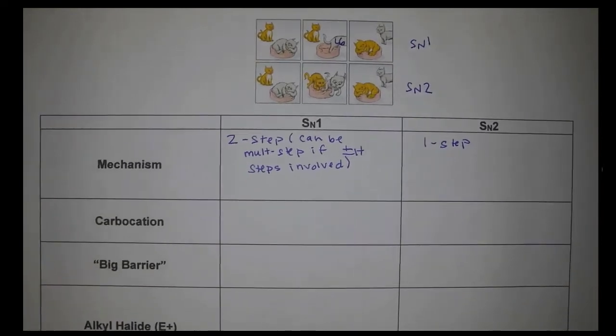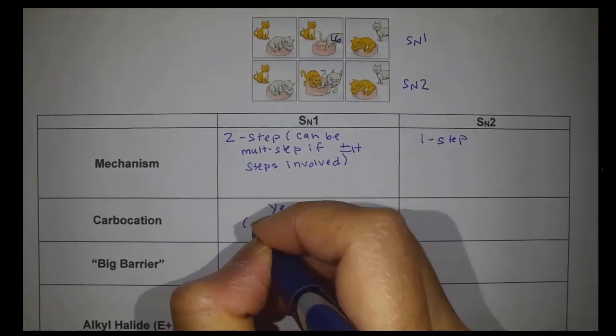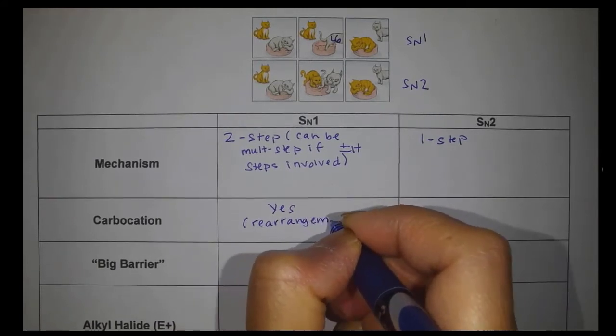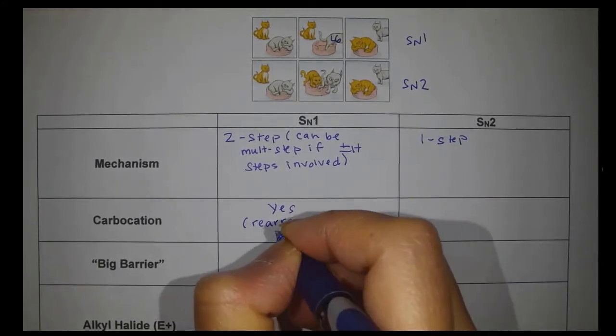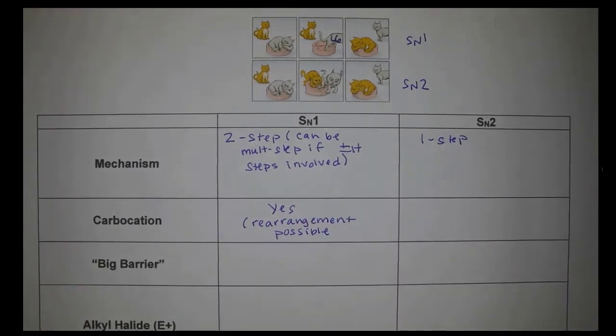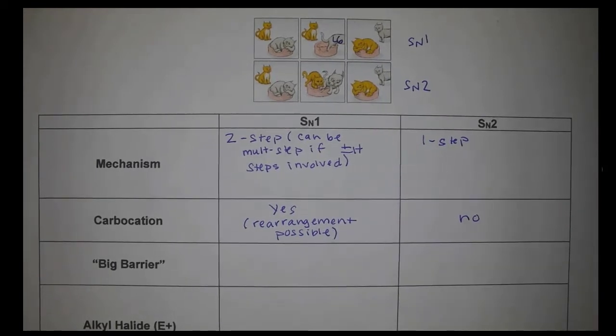And SN1 reactions do go through carbocations, so a rearrangement is possible. There is no rearrangement possible in the SN2 reaction.